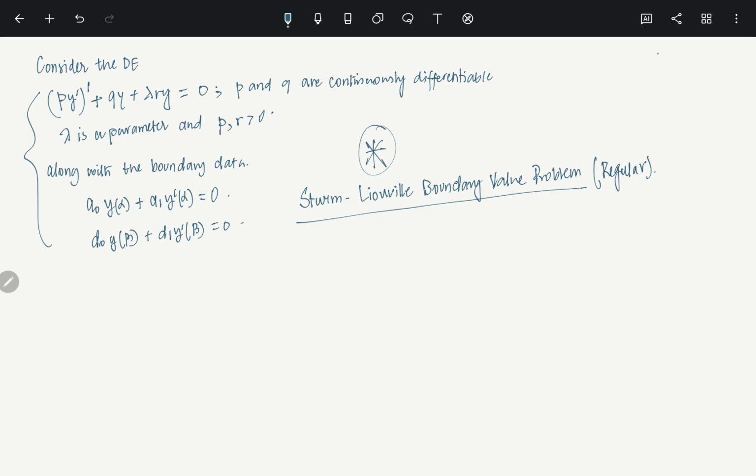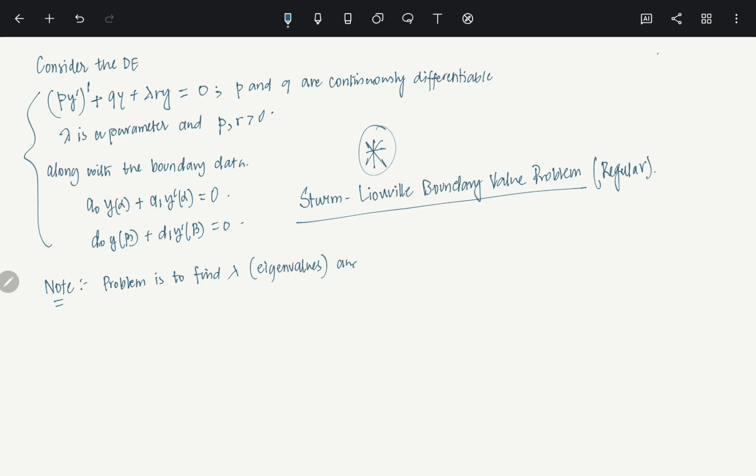See, the thing is, the lambdas which you are going to find. So basically, a small note here. Now, what is the problem? The problem is to find lambda, and those will be called eigenvalues, clear?